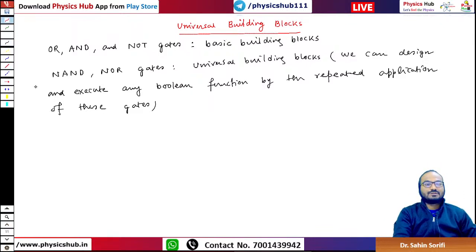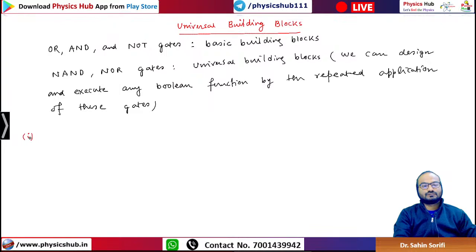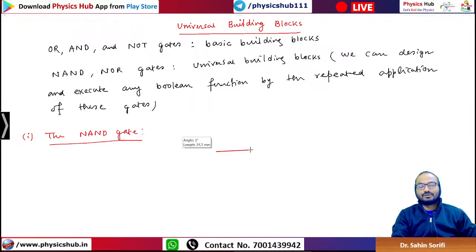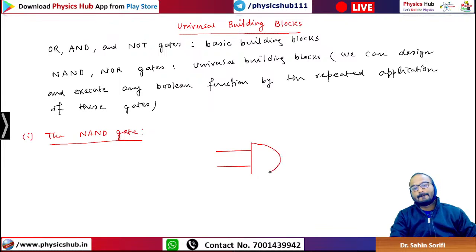So let's talk about the first one, the NAND gate. The name speaks for itself. NAND means NOT plus AND. How did we get the AND gate? We got it in this form. This was the AND gate, and a dot, a bubble, is given to it at the end.